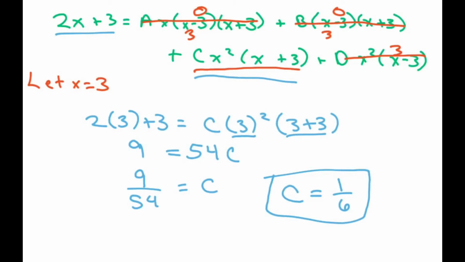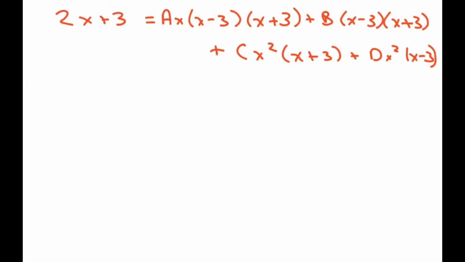All right, the next one, we're going to let x equal negative 3. Now what happens here is negative 3 will make that a 0, and that will cancel out, and negative 3 here will make a 0 and cancel that out. So that's why we chose that number.